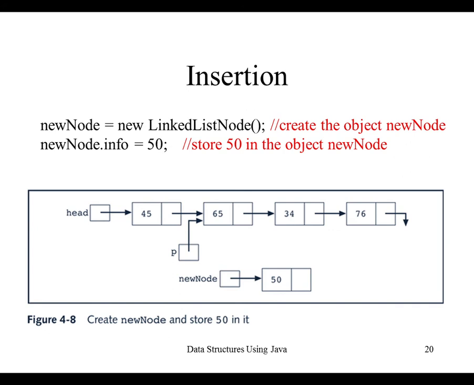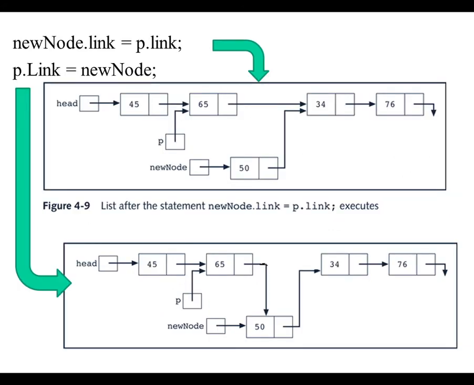The following statements insert the node in the linked list at the required place. newNode.link equals p.link, p.link equals newNode. After the first statement, that is newNode.link equals p.link, executes, the resulting list is as shown in figure 4-9. We can see that the new node's link is now pointing to the node pointed to by p.link.